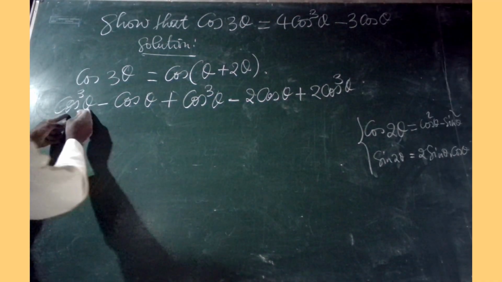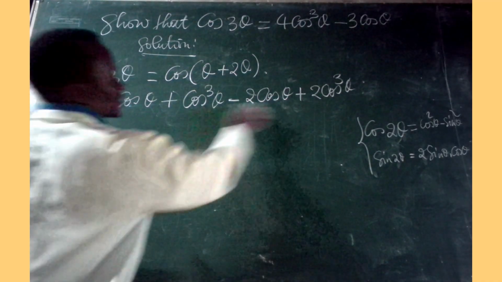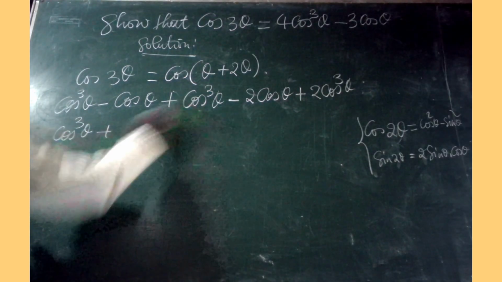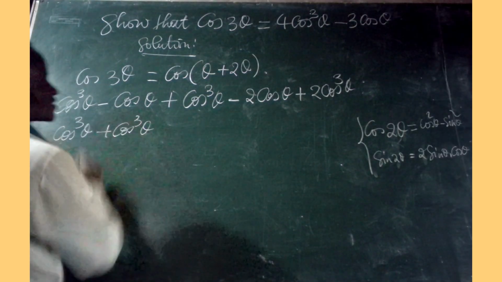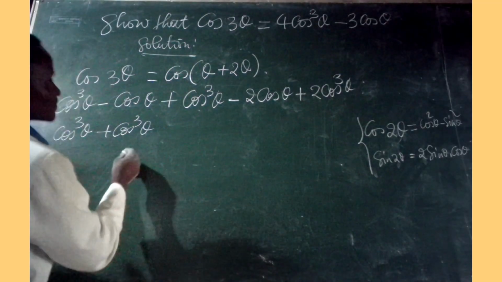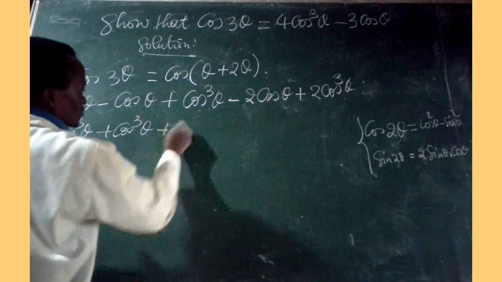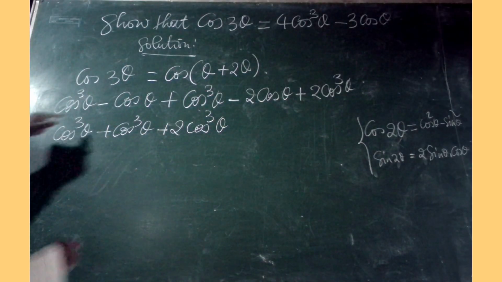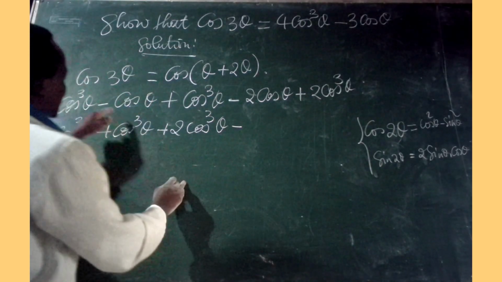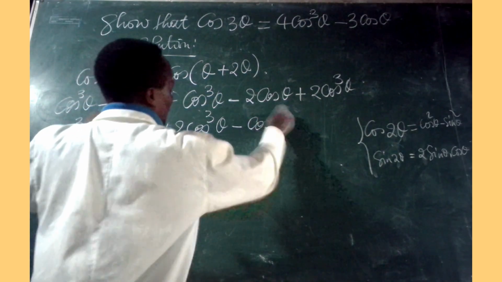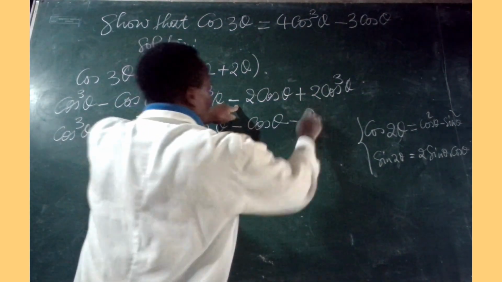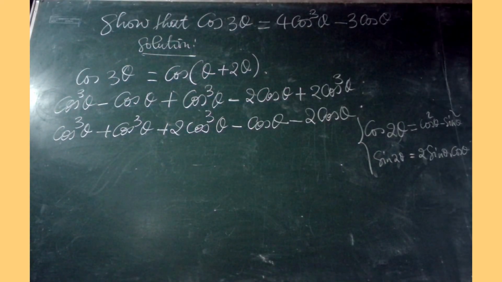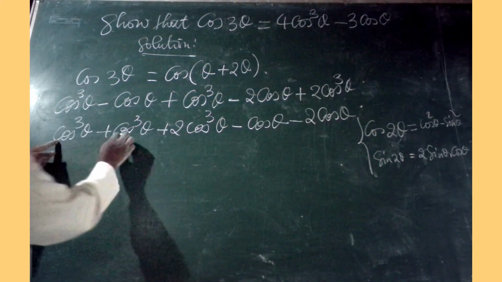So this is similar to this one, also similar to this one. Now we have cosine power 3 theta plus cosine power 3 theta plus 2 cosine power 3 theta. Minus cosine theta minus also 2 cosine theta. Now let us add this plus this plus this one.